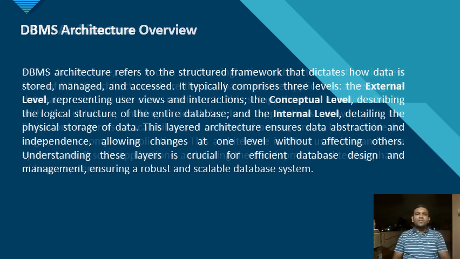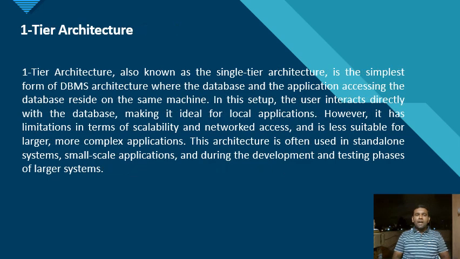Now, let us look at one-tier architecture. The one-tier architecture, also known as the single-tier architecture, is the simplest form of DBMS architecture, where the database and the application accessing the database reside on the same machine. In this setup, the user interacts directly with the database, making it ideal for local applications.